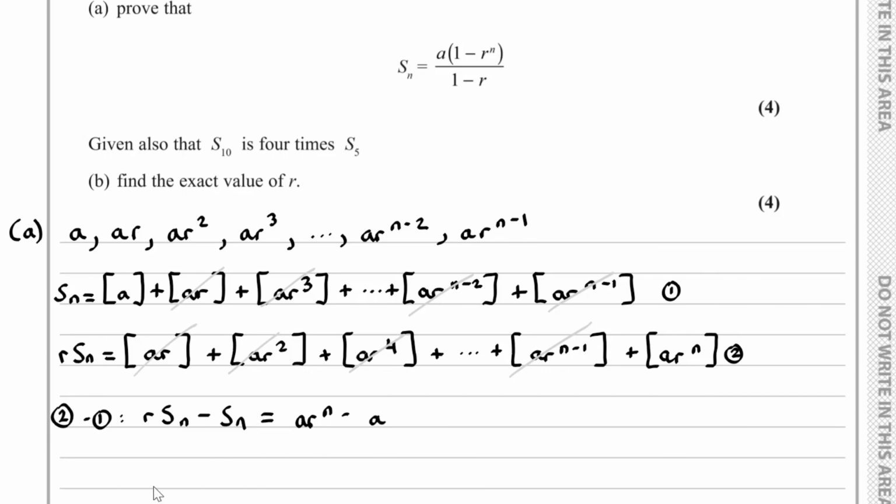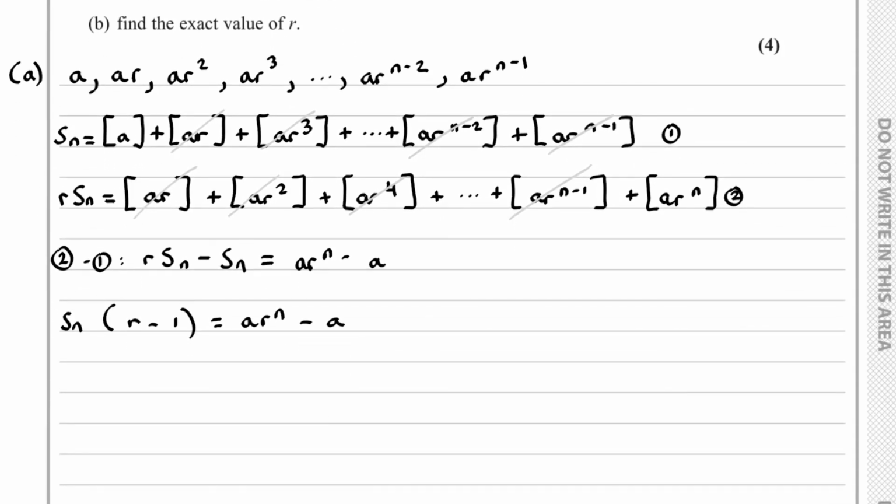And if we now factorise on both sides, we have Sn lots of r minus 1, and this is equal to ar to the power of n minus a.